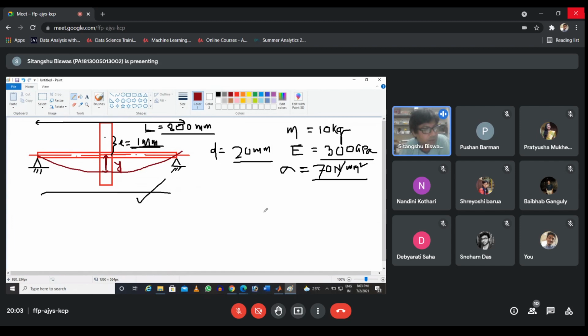From here we will try to find the critical speed. In the earlier lecture we learned the y max in the static deflection: W L cube by 48 EI.